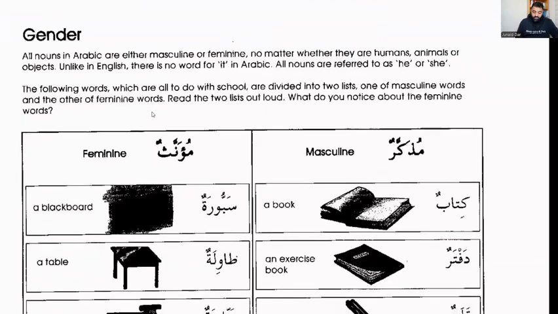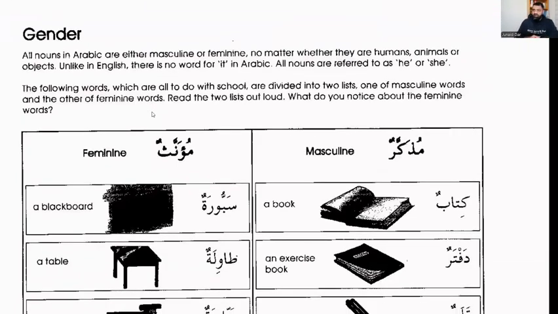Now that we can recognize letters and words, we want to start getting into the Arabic and dissecting it. Today's topic is words. The Arabic language is unique in that for every word there is a masculine and a feminine form.